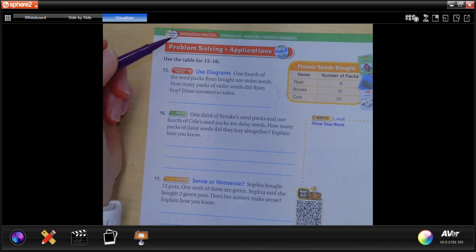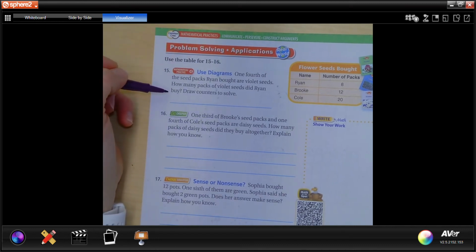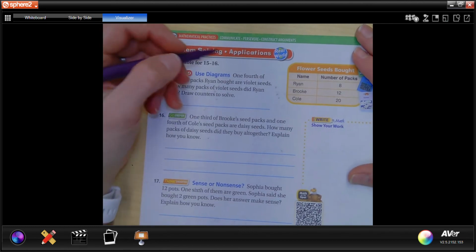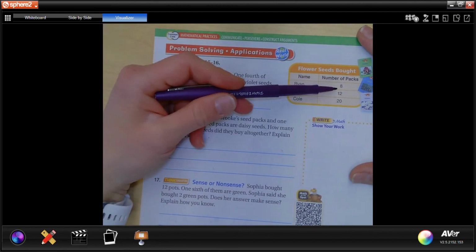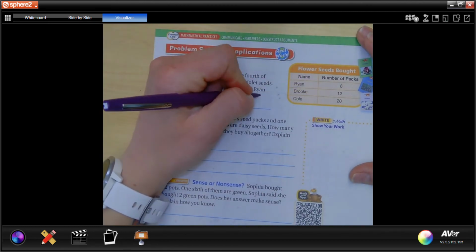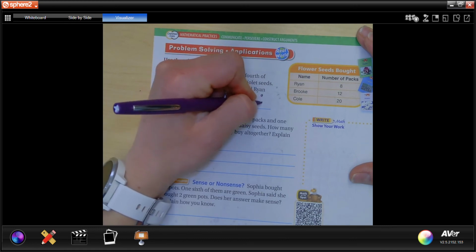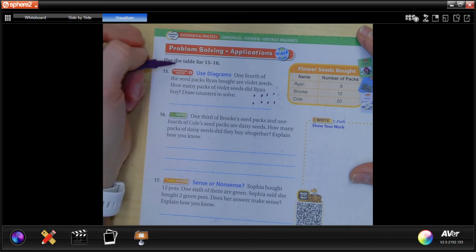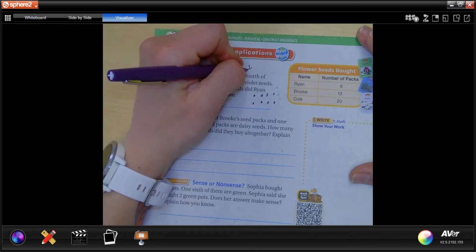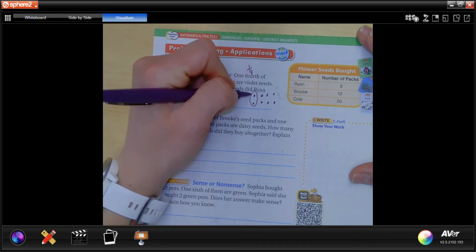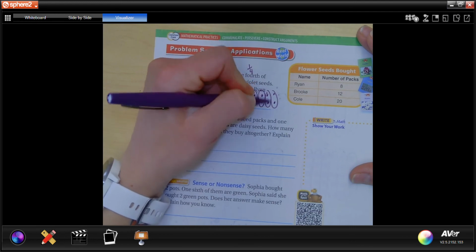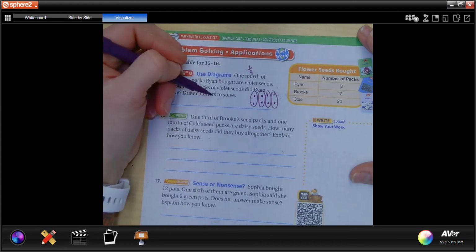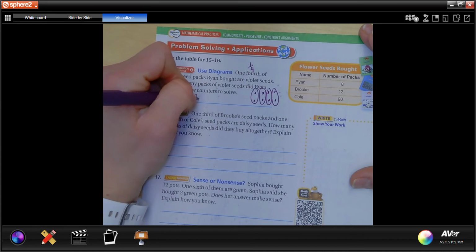How many packs of violet seeds did Ryan buy? Draw counters to solve. Ryan bought 8 packs. So 1, 2, 3, 4, 5, 6, 7, 8. How many of them? 1/4. 1 out of 4. So that means 4 groups. 1, 2, 3, 4. How many did he buy? 2 packs.